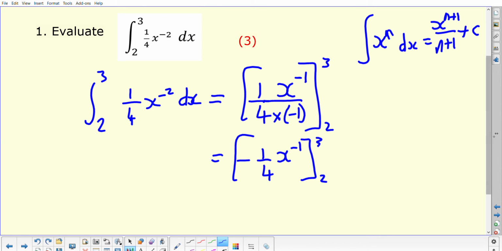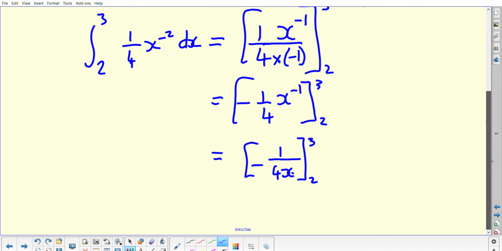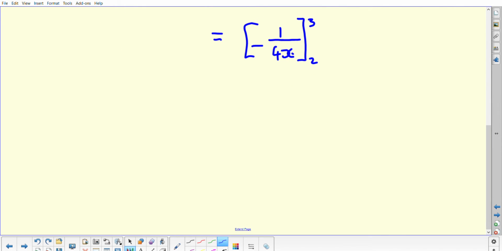However, at this point here, you should really be interpreting the negative power before you do the subbing in. So I would also expect to see that written x to minus 1, take it back down to the bottom line, it becomes x to the power of positive 1. Now I've interpreted my negative power and I'm now ready to sub in.